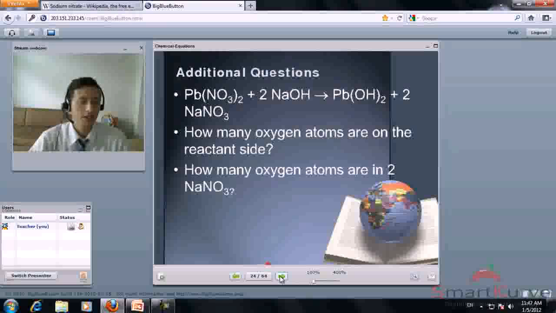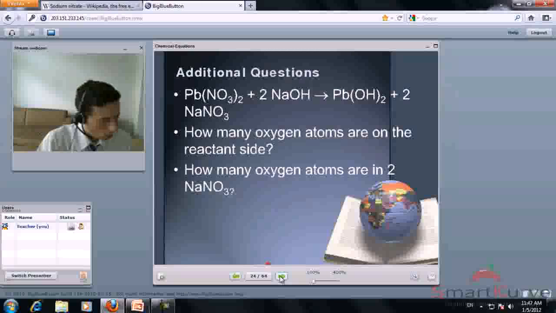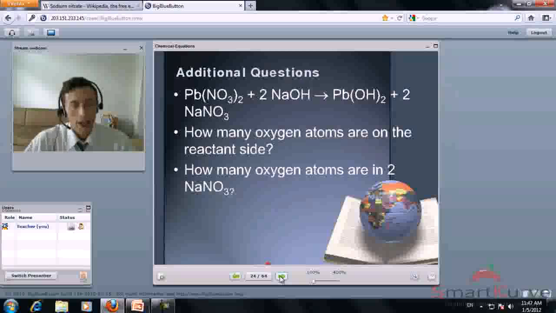Okay, let's go on there to slide 24. I do want to look at this equation on the very top. Remember, earlier in the slideshow, we saw a chemical reaction with sodium hydroxide.